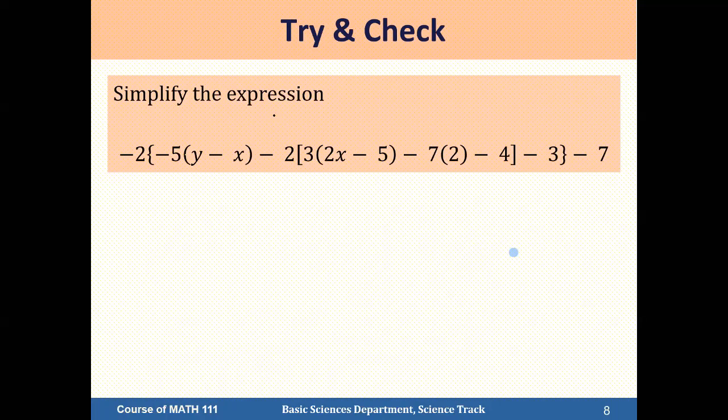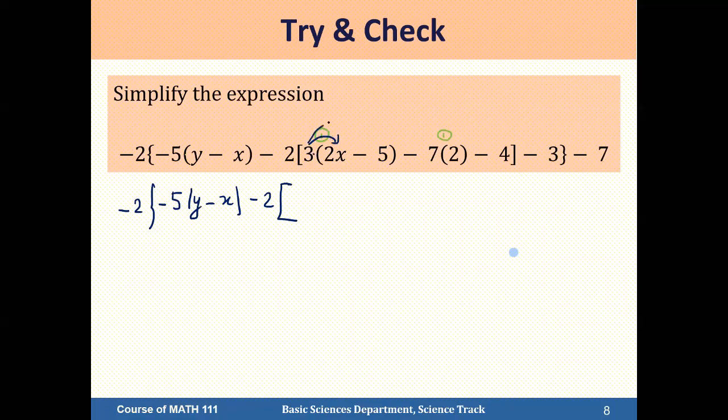From left to right. Okay. Which are the inner or the most inner one? Then I start: minus 2, minus 5y, minus x, minus 2. And here I have multiplication.